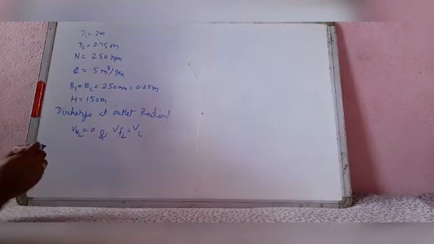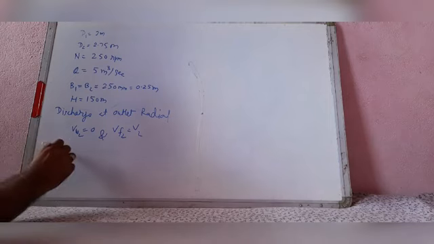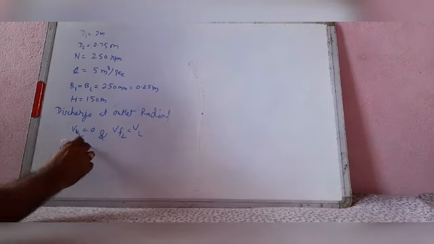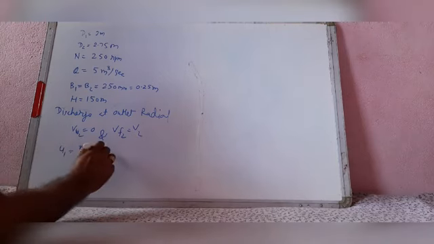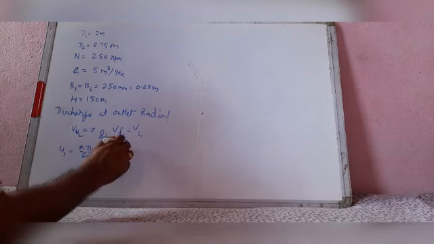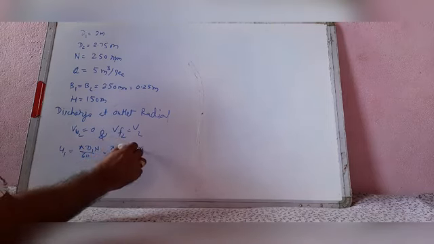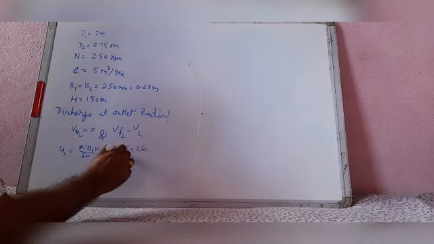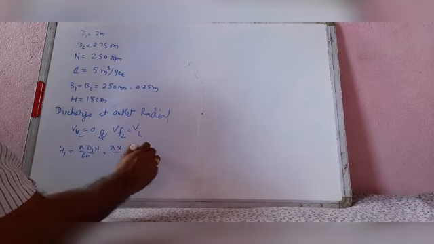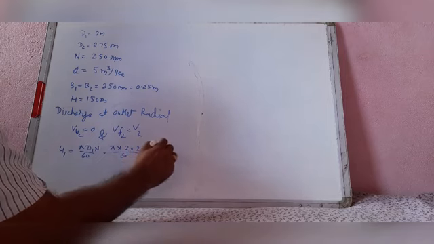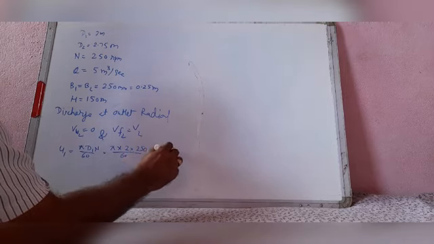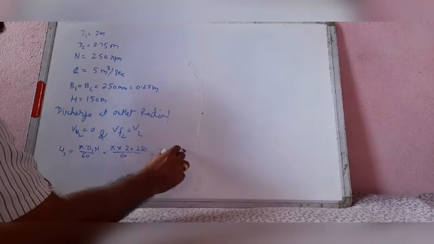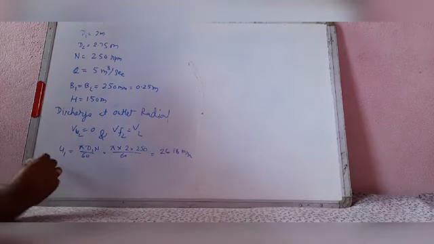The tangential velocity of turbine at inlet and outlet, we have to calculate. U1 equal to pi d1 N by 60, so this is pi into 2 into 250 by 60. This value comes 26.18 meter per second.